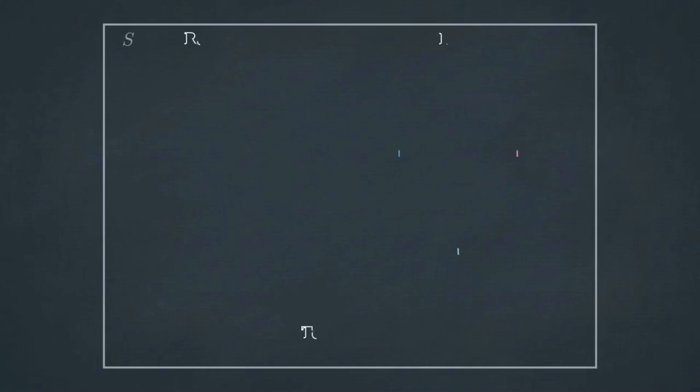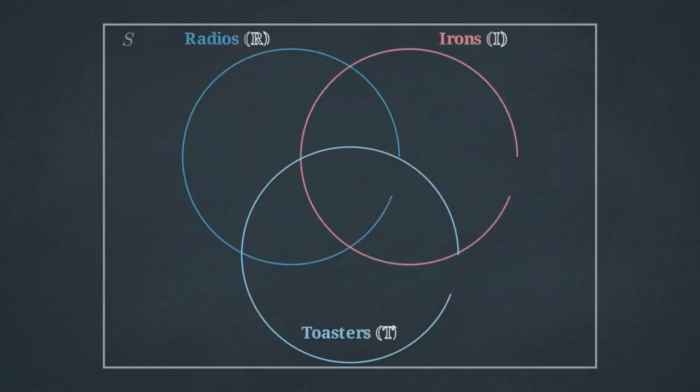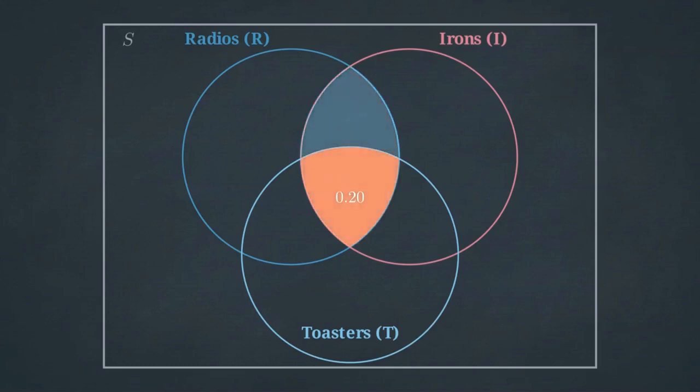Returning to the chaotic appliance survey, we map out radios, irons, and toasters within our sample space. There is a singular rule for navigating multivariable compound spaces. You must solve the geometry recursively, from the deepest intersection outward. The deepest point in this data is the group of households possessing all 3 appliances. The raw data establishes this intersection at 20%, or 0.20.